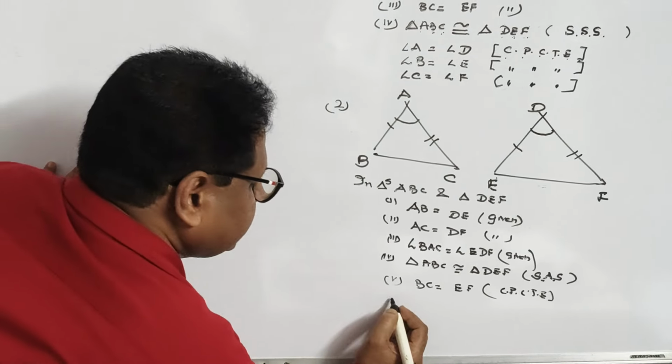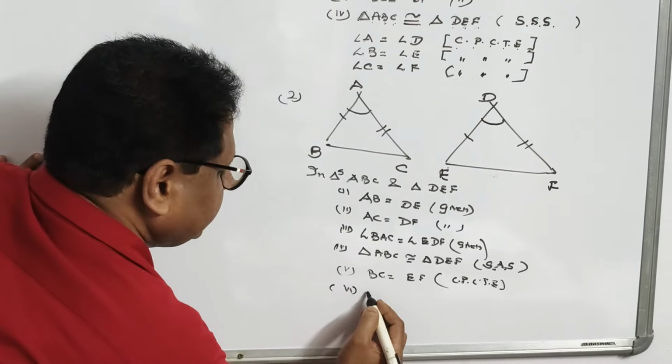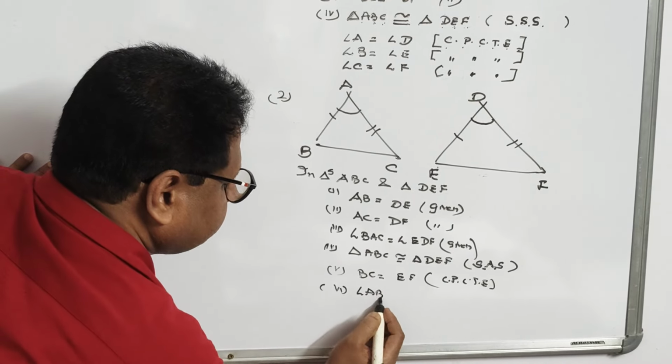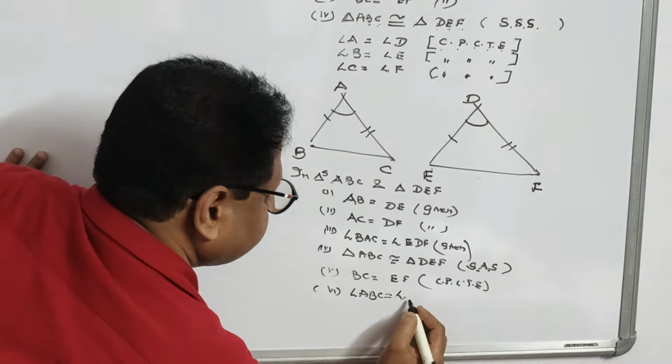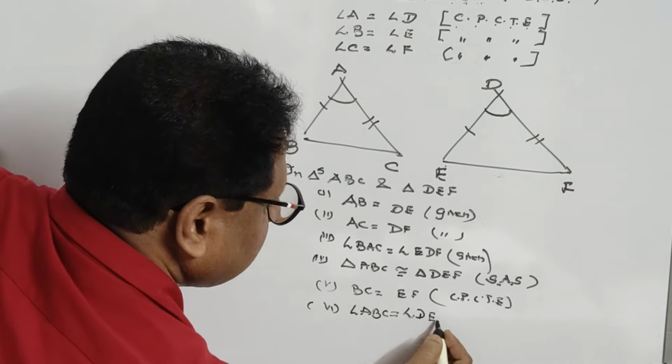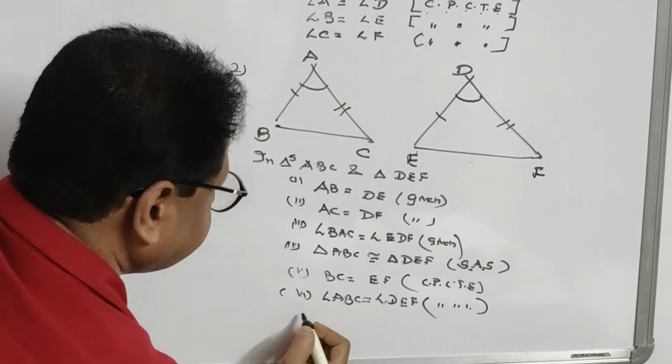Next, angle B, that is angle ABC equals angle DEF. This could be also asked in the question. Same reason, CPCTE.